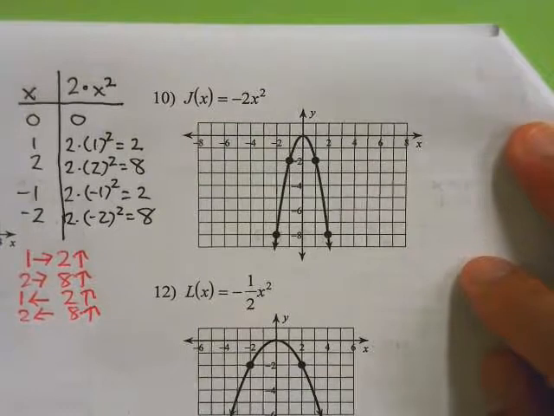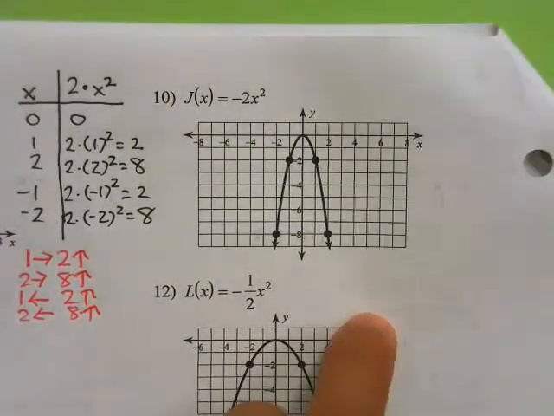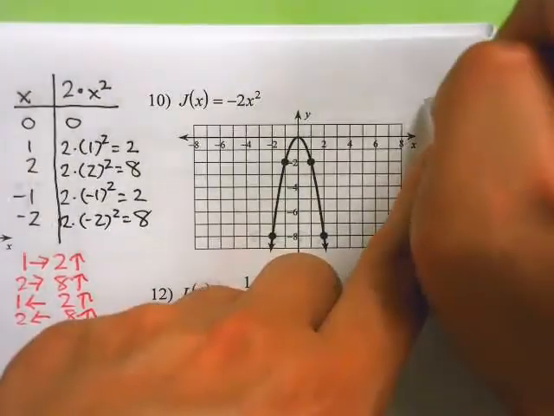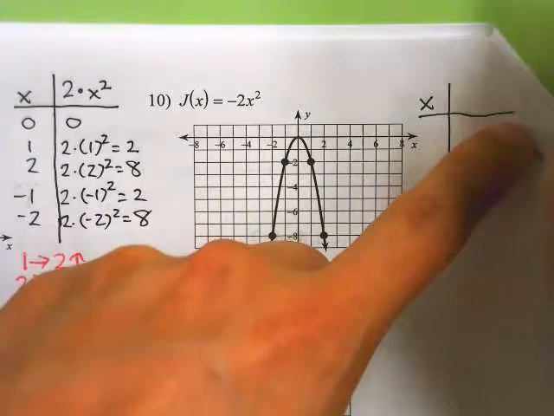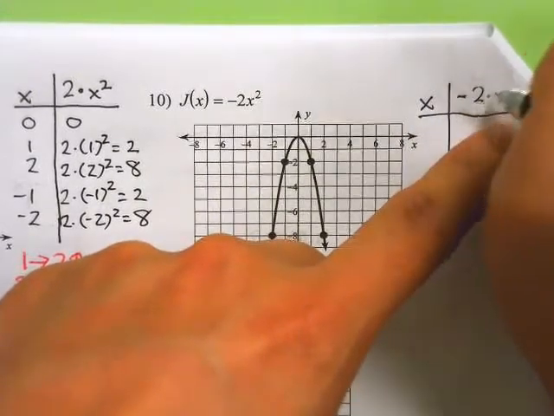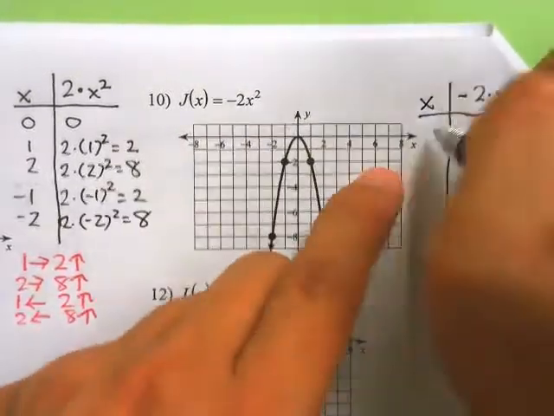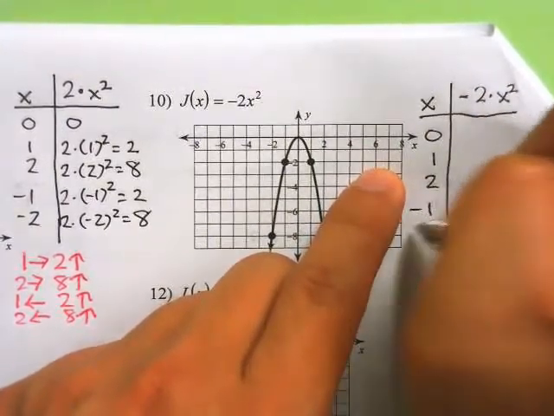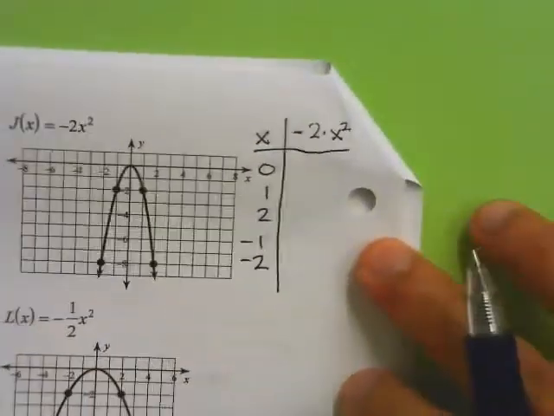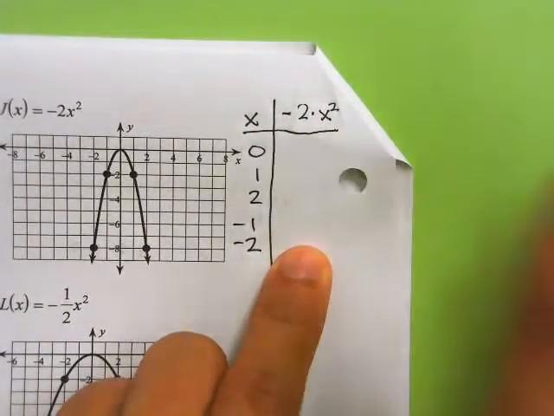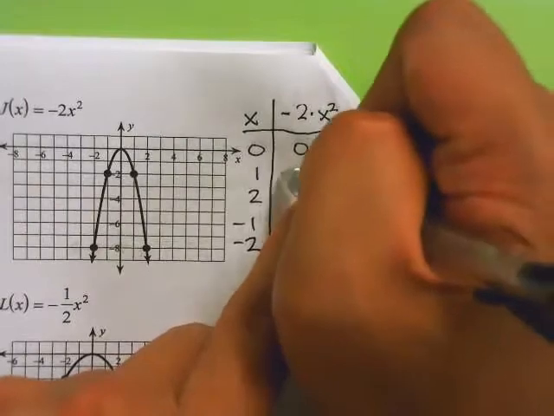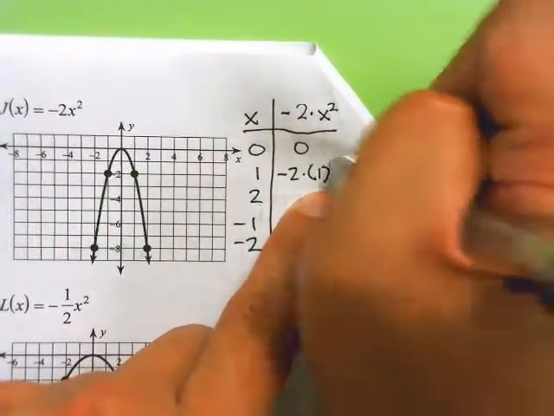All right, let's do number 10. Zero, 1, 2, -1, -2. Let's plug in 0. 0 times 0, 0 times -2 is 0. Okay, just be careful with this.